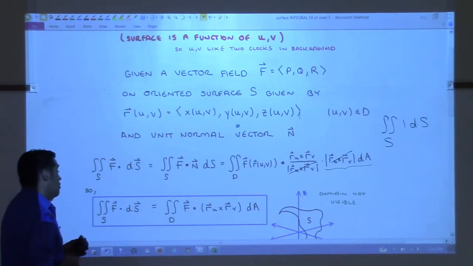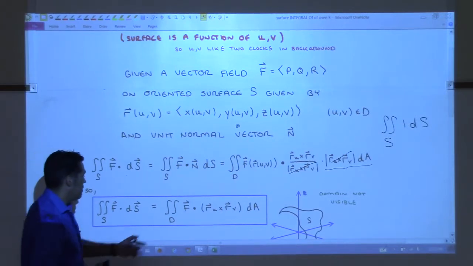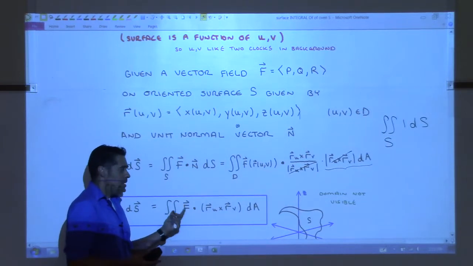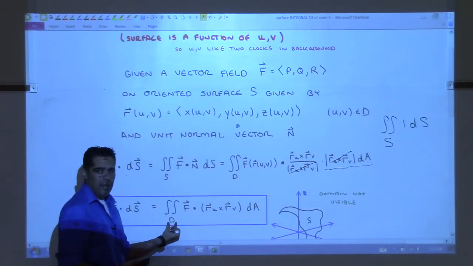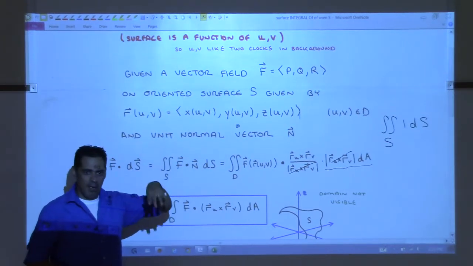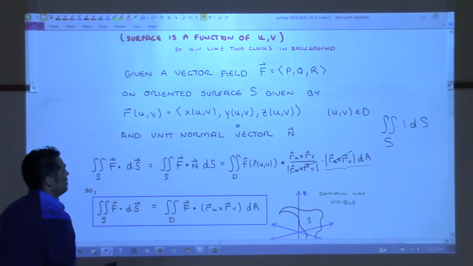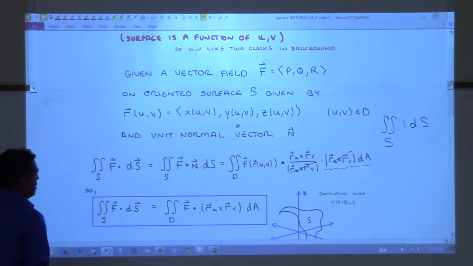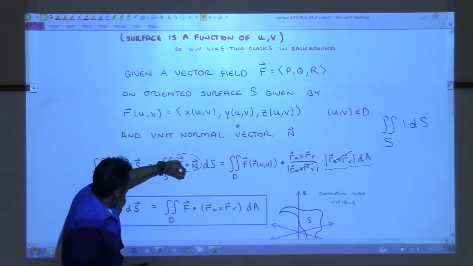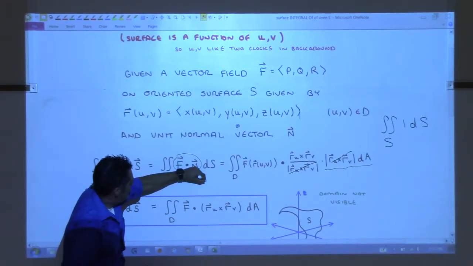So it looks like all we're really going to have to do to calculate flux is take some partials and cross them, evaluate the field on the surface, evaluate over our restrictions on u and v, and we're in business. There's not even any square roots in here like we had with the surface integrals. It's kind of nice. Everyone agrees, hopefully, that this gives you a scalar function, because it's a dot product of two vectors.